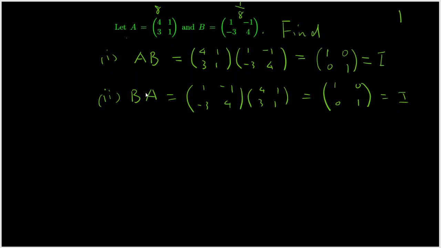You compute AB and BA. You see the condition is satisfied. AB is equal to identity matrix I, and BA is equal to identity matrix I. Okay. And then we say B is the inverse of A. So by that calculation, we say B is the inverse of A.